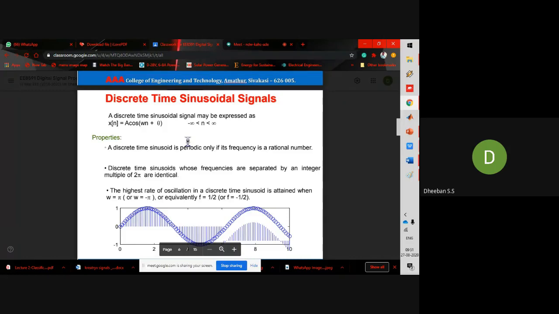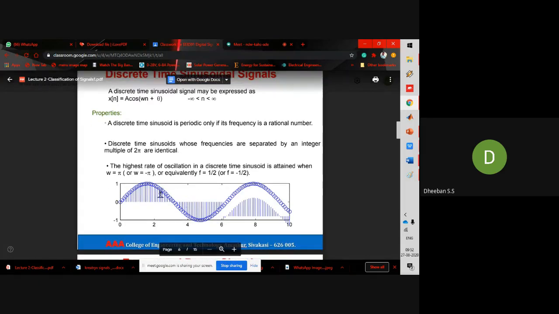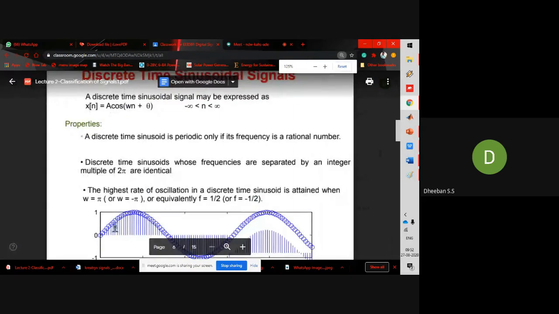Discrete means separated, or kept apart, so there will be separate signals. Here you can clearly see in this diagram.